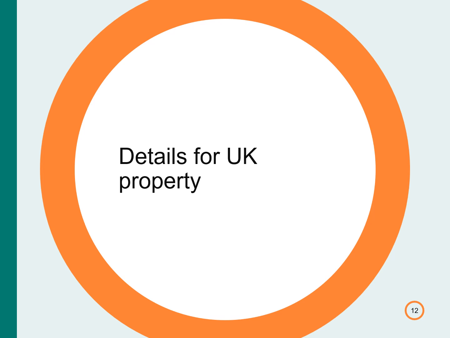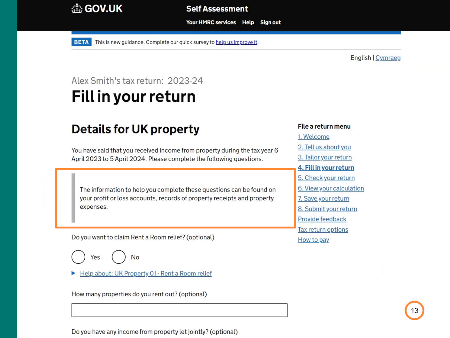We'll start with the details for UK property page. On this page, we ask you to tell us the types of UK property income you had in the year. To fill in the details of the UK property section, you'll need records of your business receipts and expenses or profit and loss accounts.